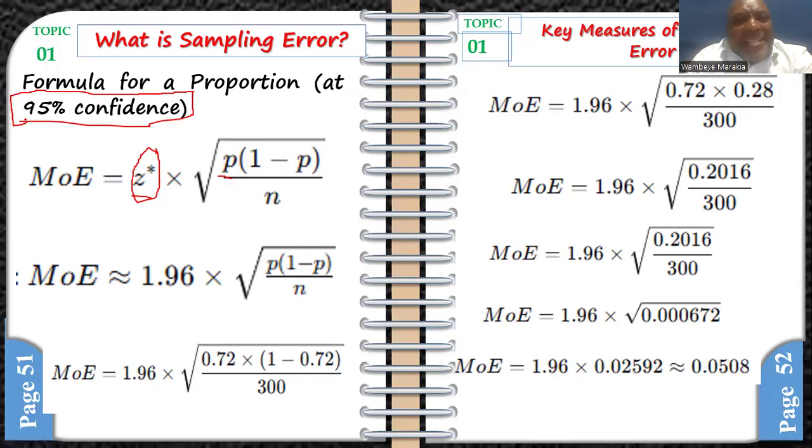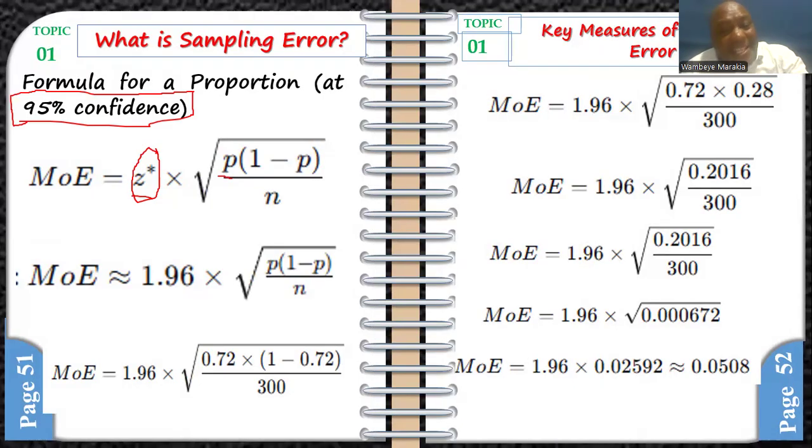We saw that the data that lie within 95% confidence is at 1.96. So in this case, our Z is going to be 1.96.